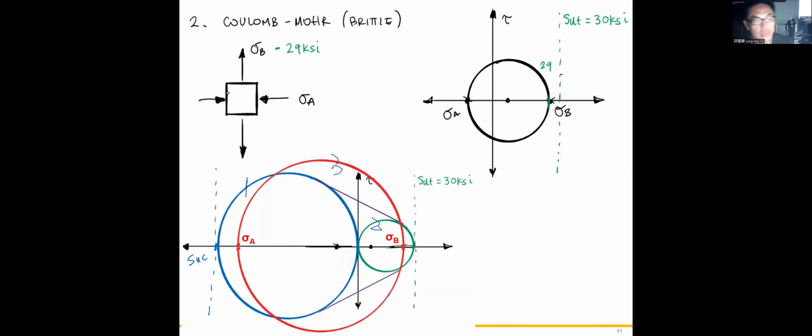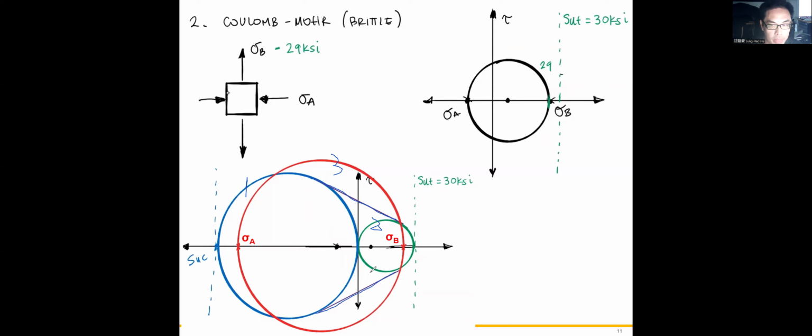The third circle, the red circle, represents the stress situation of this element, and circle 1 and circle 2 represent the ultimate tensile stress and ultimate compressive stress. Then we can make the tangent line for these two circles, blue and green.